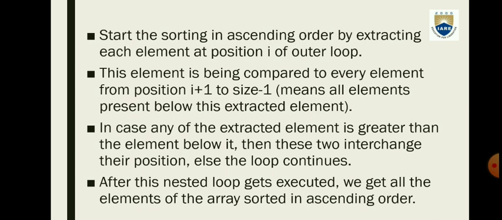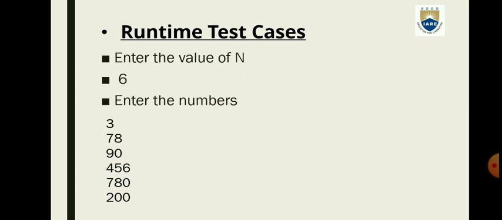In case the extracted element is greater than the element below it, then these two interchange their positions, else the loop continues. After this nested loop gets executed, we get all the elements of the array sorted in ascending order.